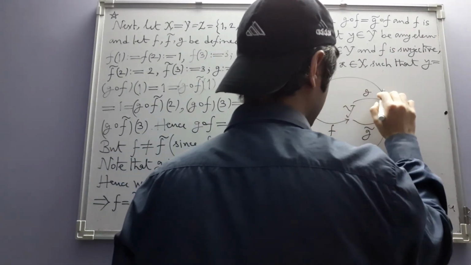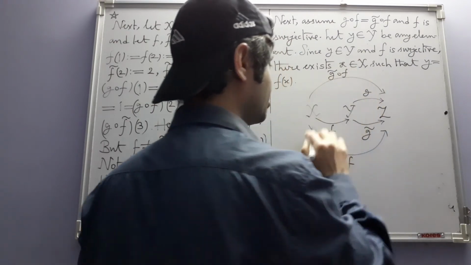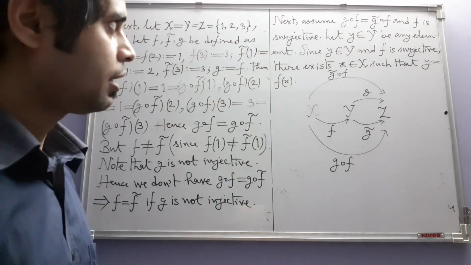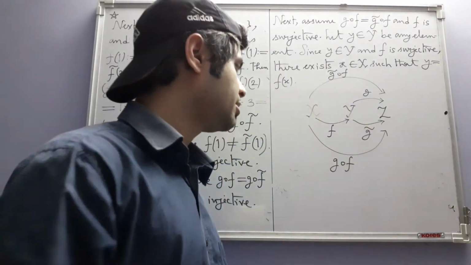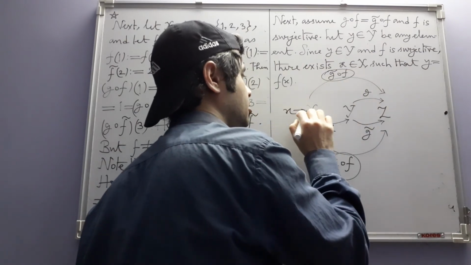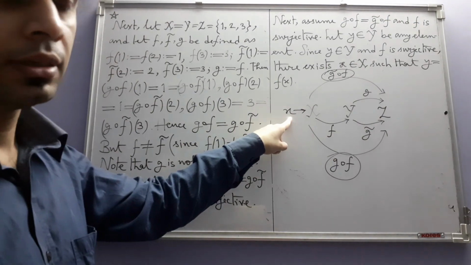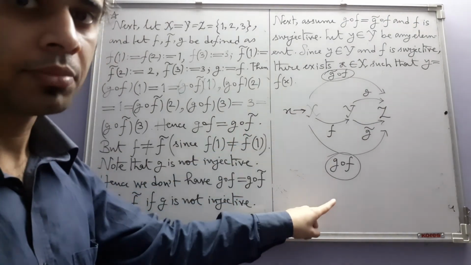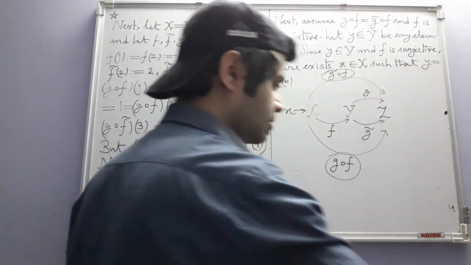Just like that, G tilde composition F also maps X into Z. And we now have an element x in the domain of these two functions. We have x here. So we can apply these two functions on x, and actually we will have the same output because these two functions are equal.